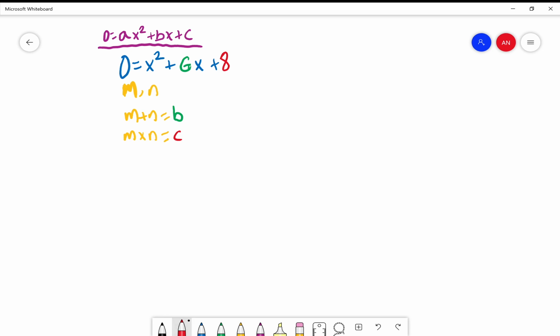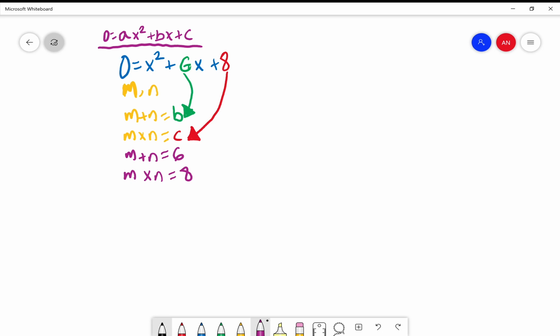So in this case, we know that 8 is equal to c, and we know that 6 is equal to b. So that means, in turn, m plus n is equal to 6, and m times n is equal to 8.